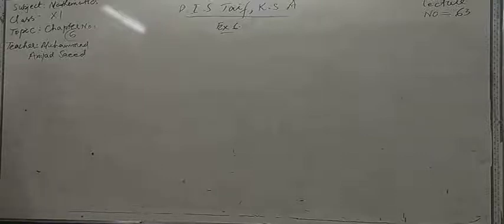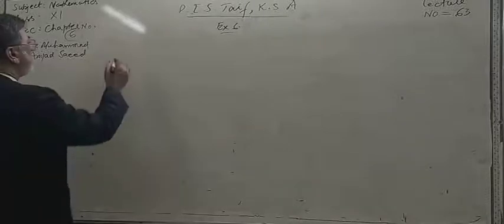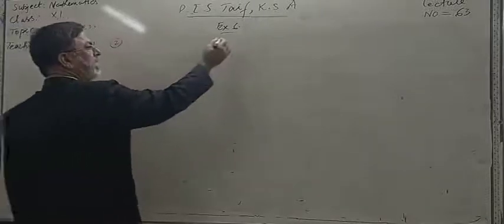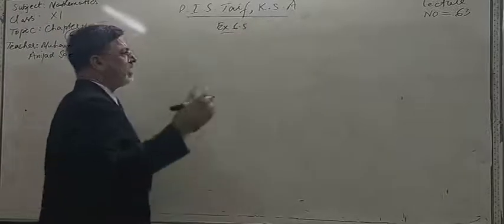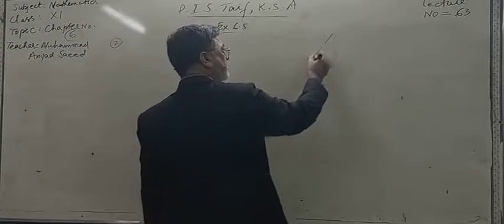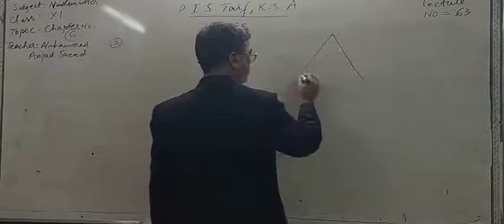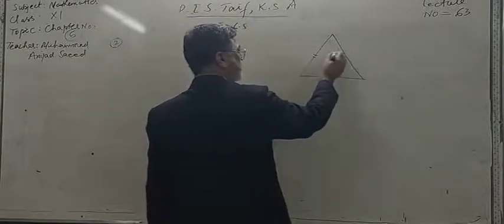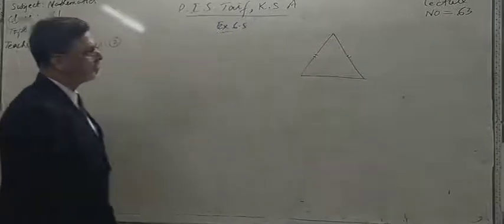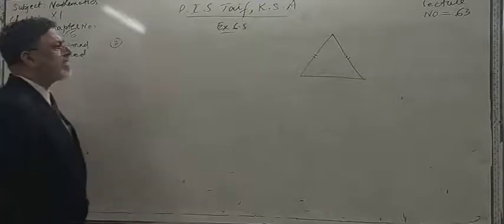Remember that here is question number 2, exercise 6.5. The question is, here is the isosceles triangle. Isosceles triangle means these two sides are equal in length.